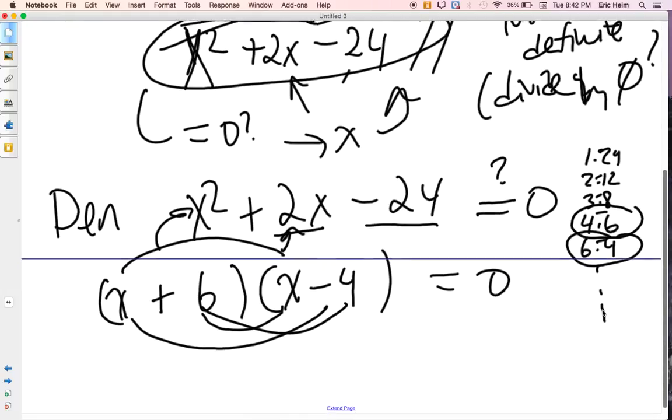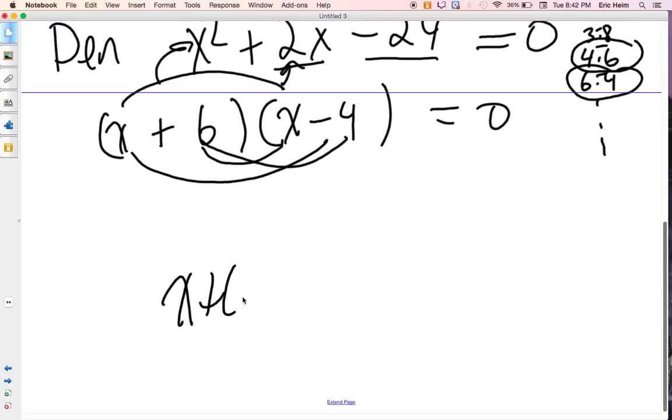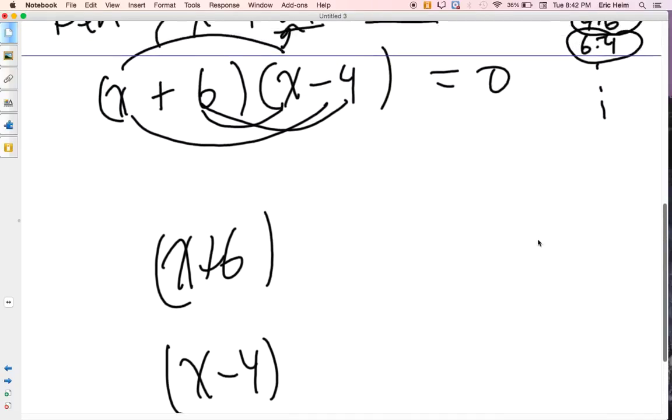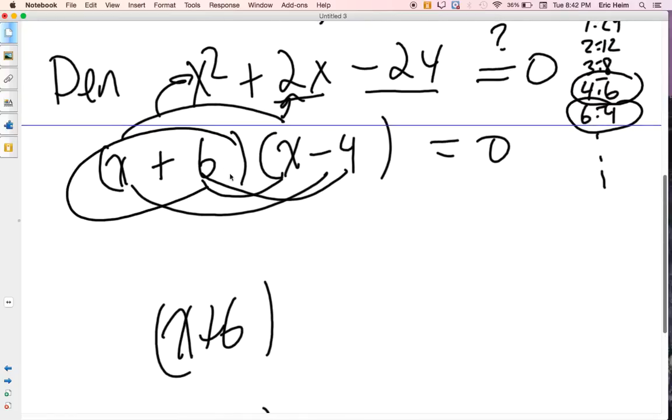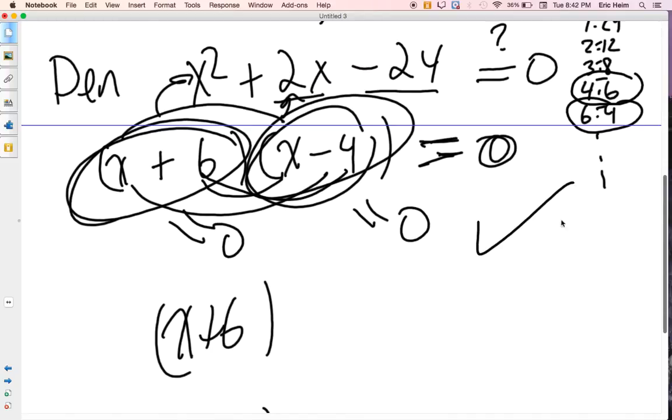So what that means now is that we have factors of x plus 6 and x minus 4. And the trick here is this: if two things are multiplied together and equal 0, it means either one of those can equal 0 to make that true.